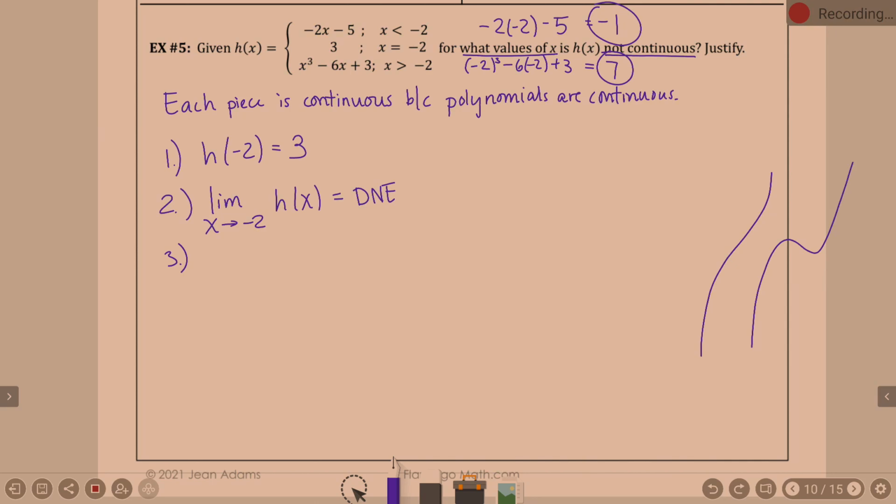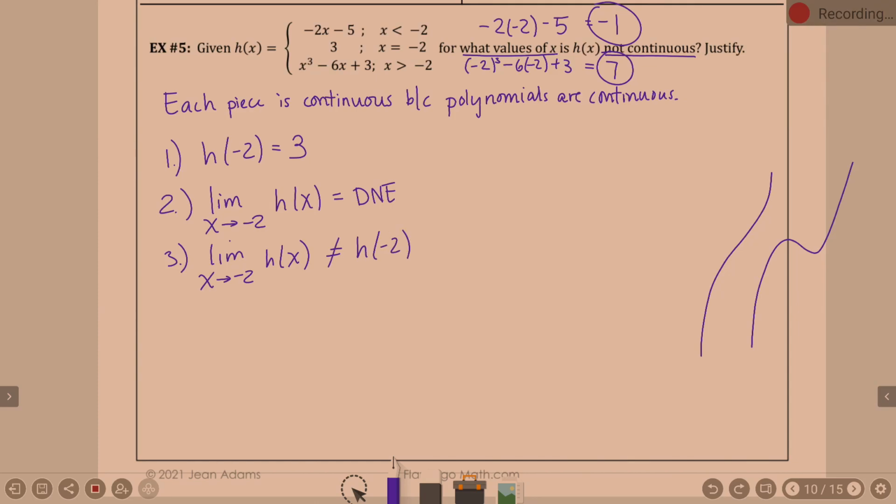And then the other part is that the limit as x approaches negative 2 of h of x is supposed to equal h of negative 2. But what happened? They didn't equal, right?